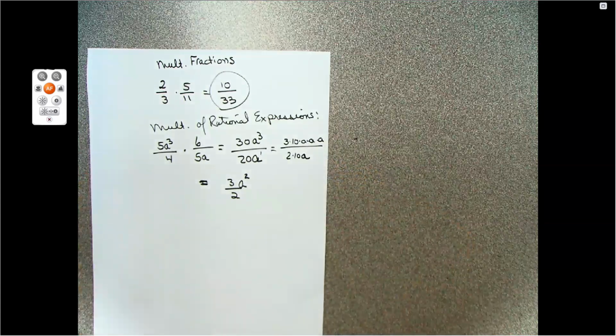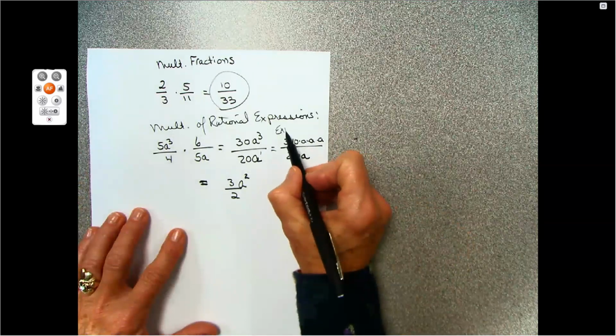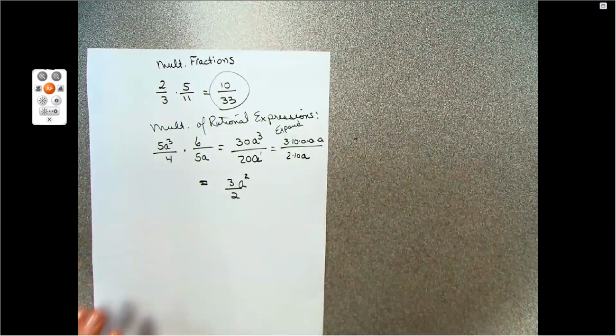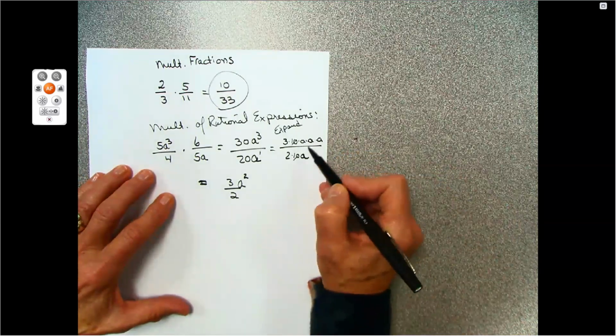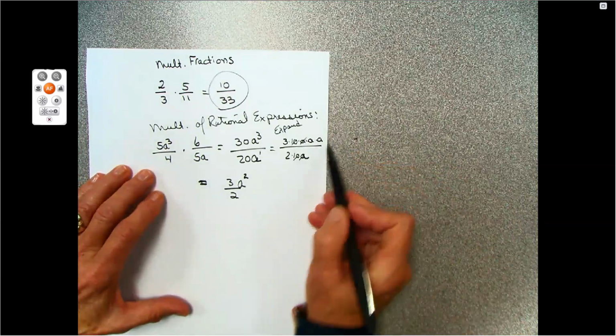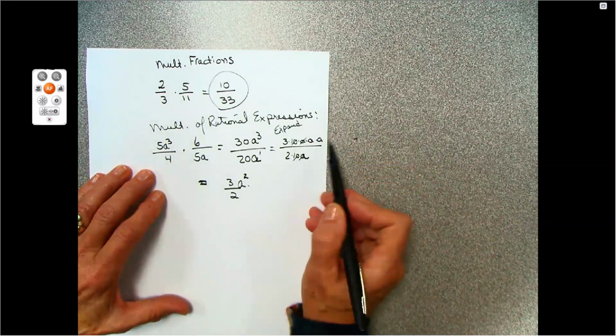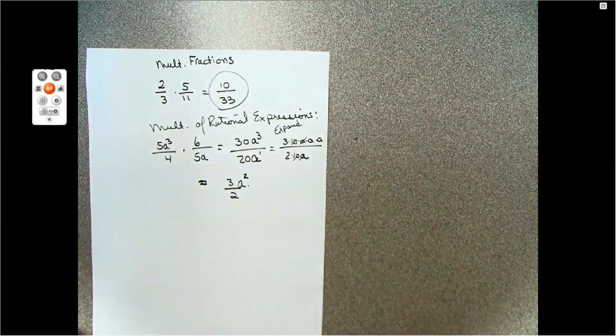Or expand and look for other names for 1. 10 over 10, and a over a, leaves 3a squared in the numerator and 2 in the denominator.